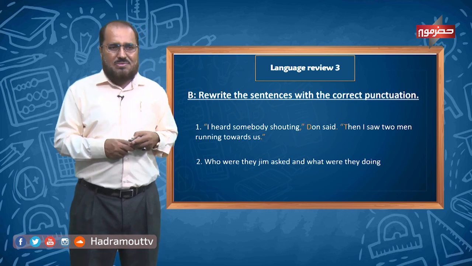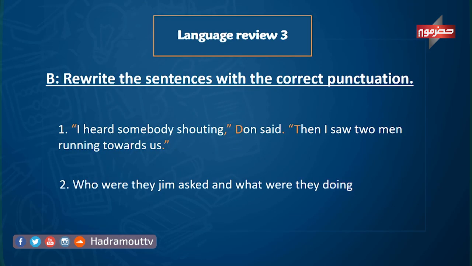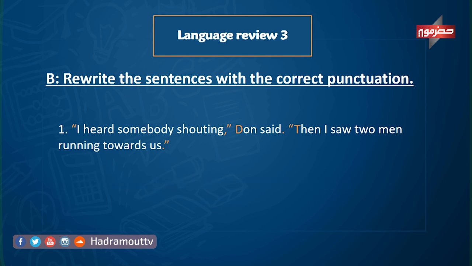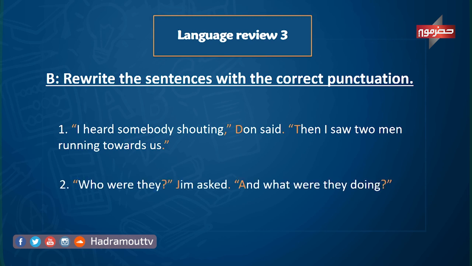What about number 2? Who were they? Jim asked. And what were they doing? Now check your answer. Compare your answer with the model answer here. Who were they?